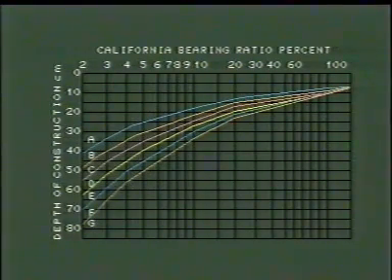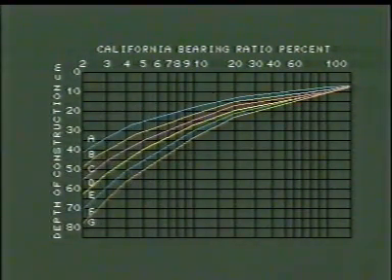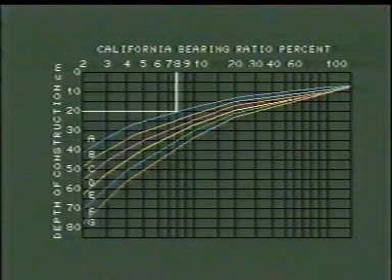Now referring back to the design curves, for particular traffic intensity and known CBR value, which is 8% in this case, the total thickness of pavement comes out to be 20 centimeters.